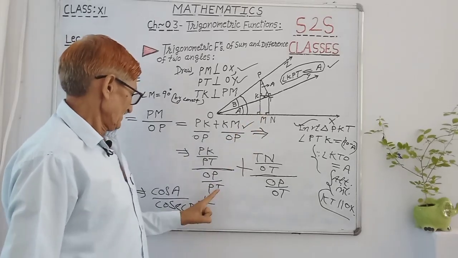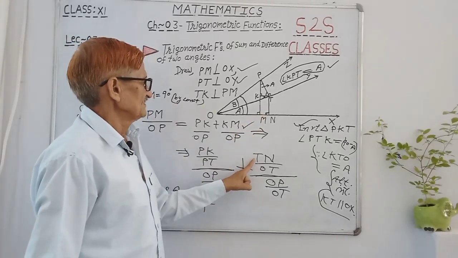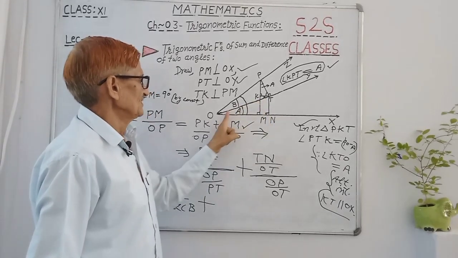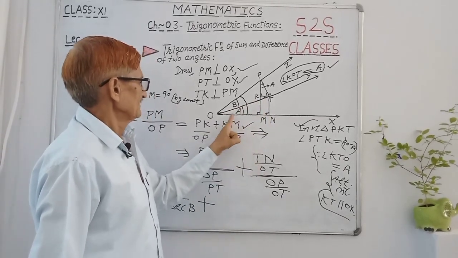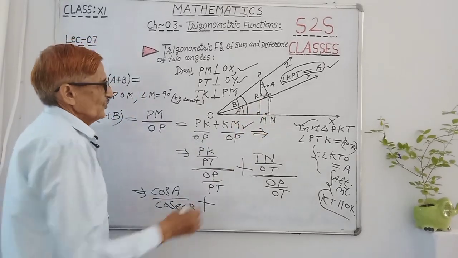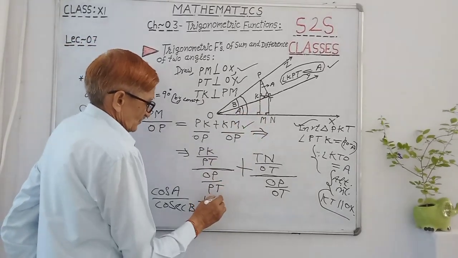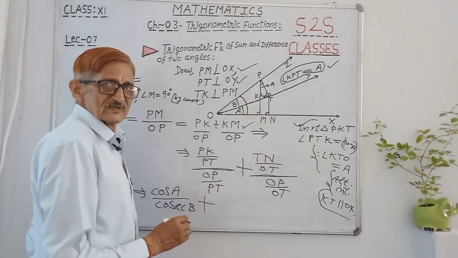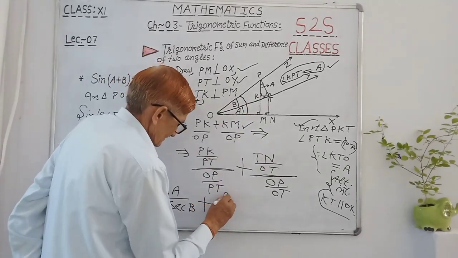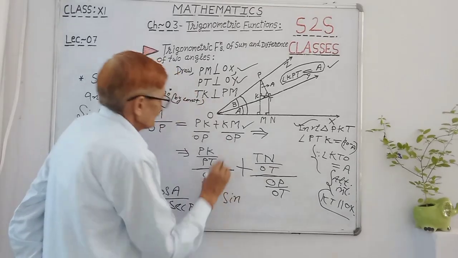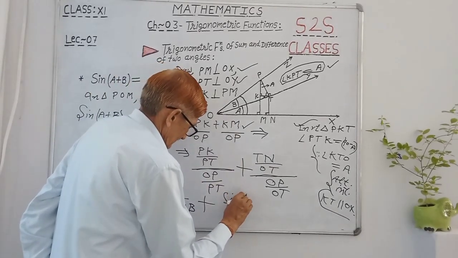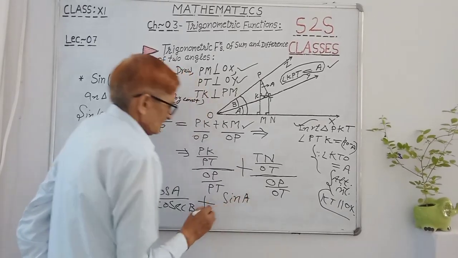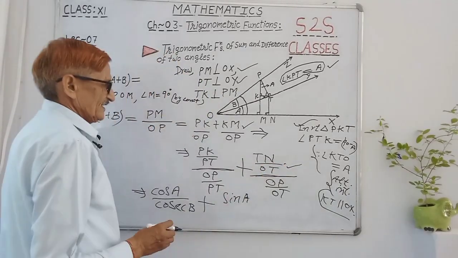So here TN is the opposite side of angle A. So opposite upon hypotenuse OT means sine. This ratio is sine of angle A. And now this OP upon OT.